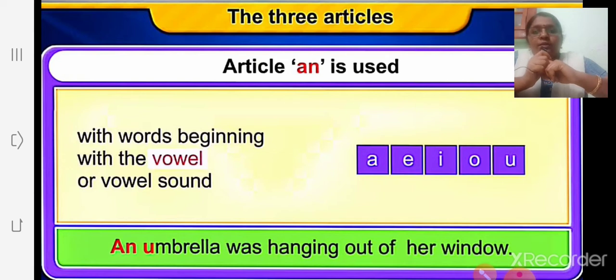So you will notice that an is used before a countable noun that begins with a vowel or a vowel sound. Vowels you all know, A, E, I, O, U, vowels in English. So an is used before a word that begins with a vowel or vowel sound.